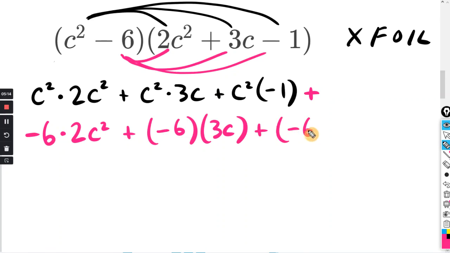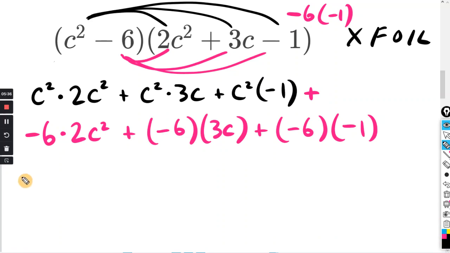You don't necessarily have to write plus every time. If you want to do plus negative 6 times negative 1, or you just want to write minus 6 times negative 1, these are going to be the same thing.